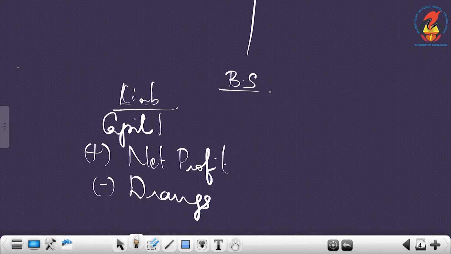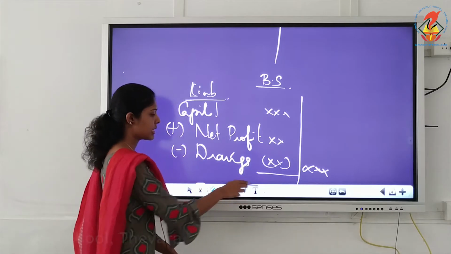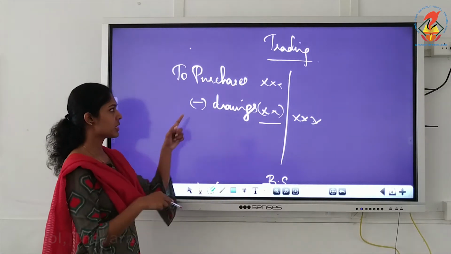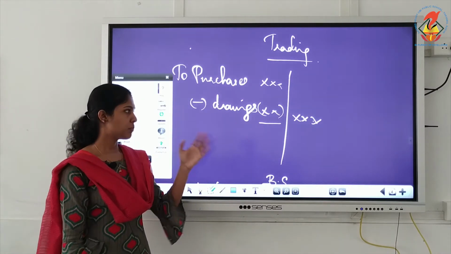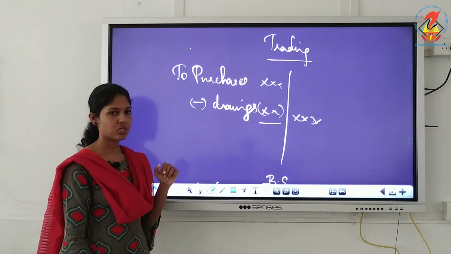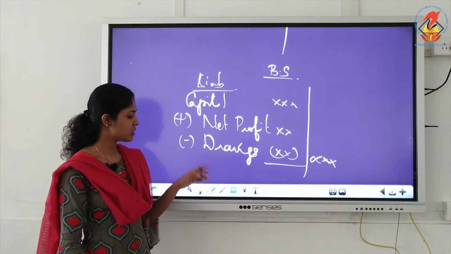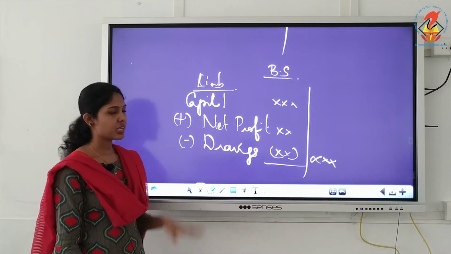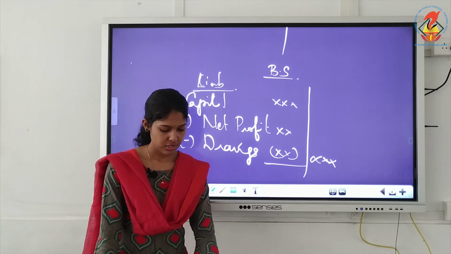So, it must be deducted from capital. This is the double effect of drawings. Deducted from purchases when it is goods withdrawn for personal use, that is one effect in trading. Then the next effect in the balance sheet, less it from capital, add net profit less drawings.